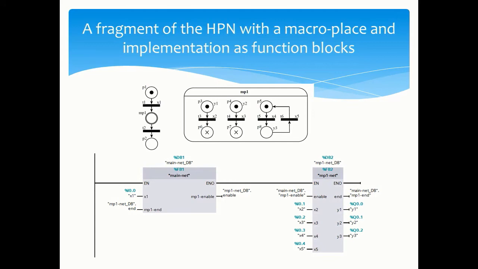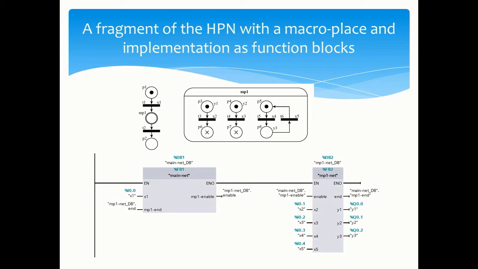Two additional signals from the mainnet block interface, MP1 end and MP1 enable, are signals that synchronize the cooperation of the basic network with the subnet contained in the MP1net block. The same is the case with the MP1net block.